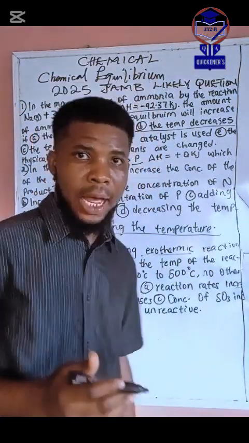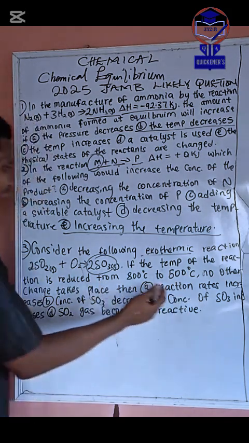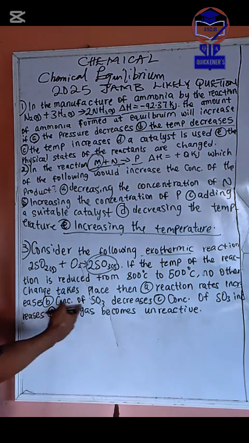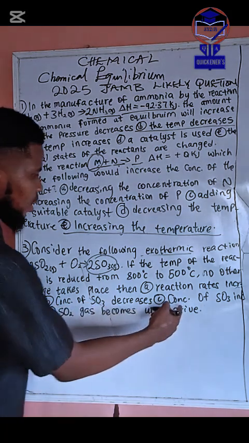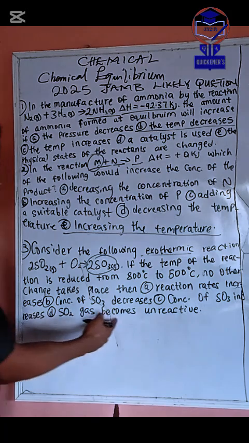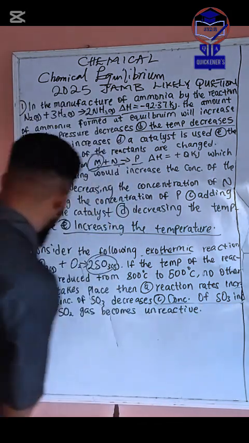So which of the options aligns with this answer? Reaction rate increases, concentration of SO3 decreases, concentration of SO3 increases, and SO2 gas becomes all reaction. So C is the correct option.